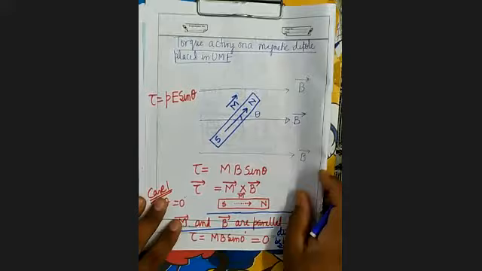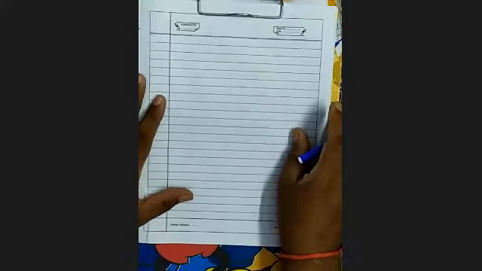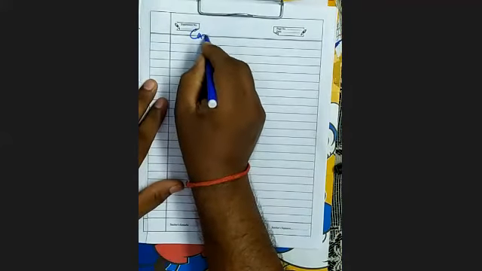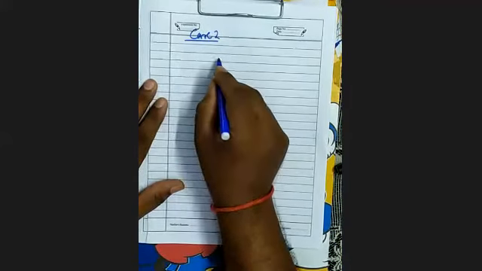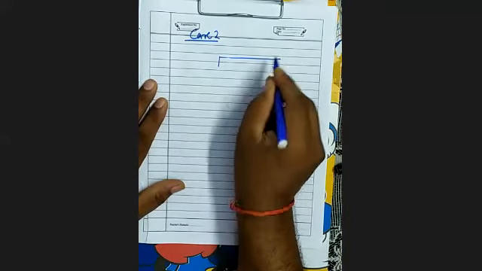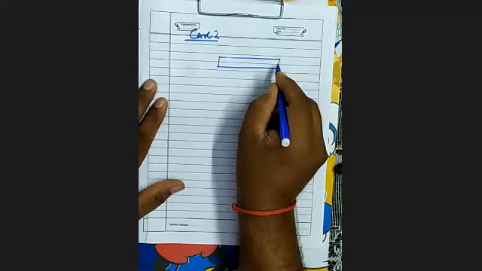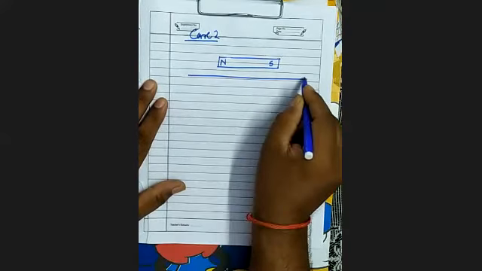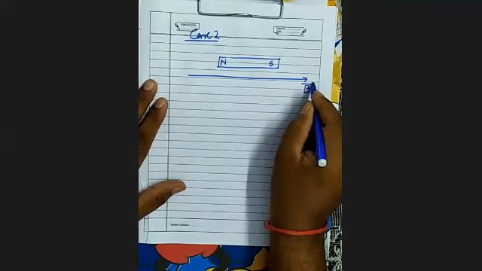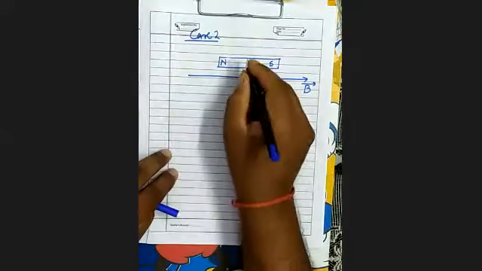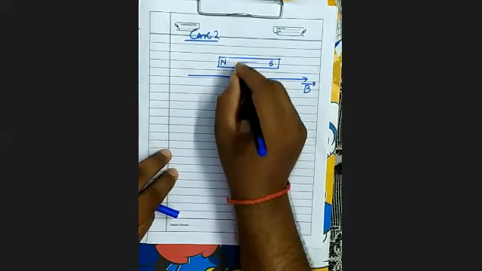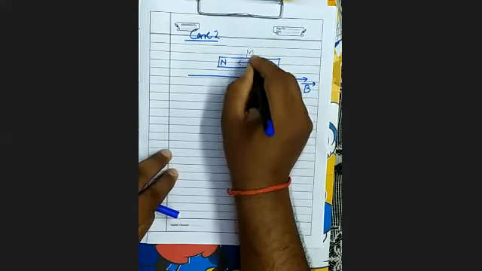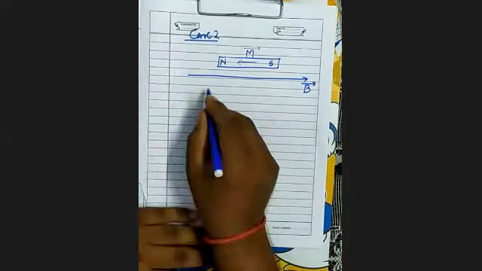Now case 2. Now the dipole is placed in this way. This is south, this is north, and the magnetic field is in this direction. In this case also, this is the magnetic moment vector. Here what will be theta?